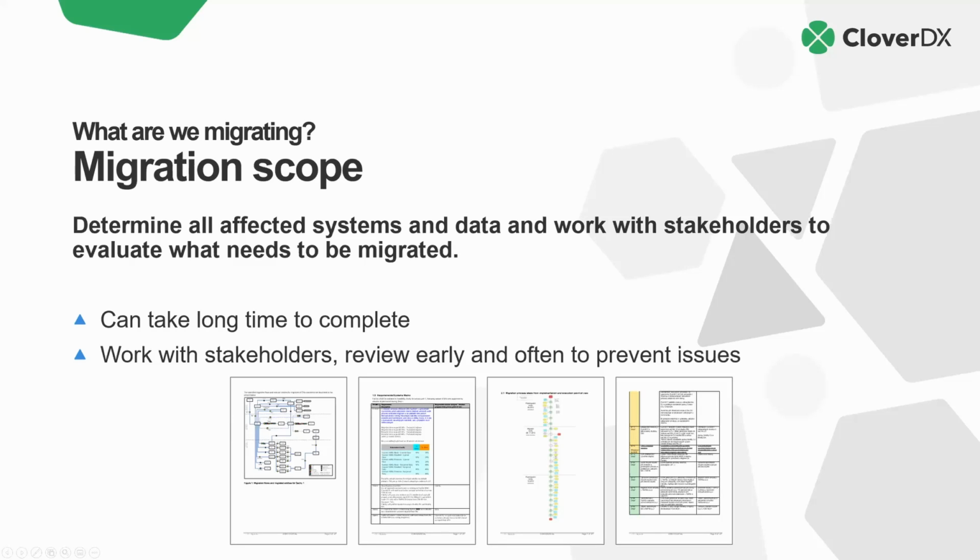Missing some of the components may result in problems later, because we can identify along the way that there are some systems that we simply forgot. Working with all the stakeholders and reviewing all the plans can often prevent many issues that can arise later during the project.